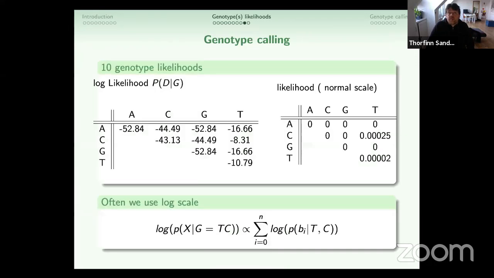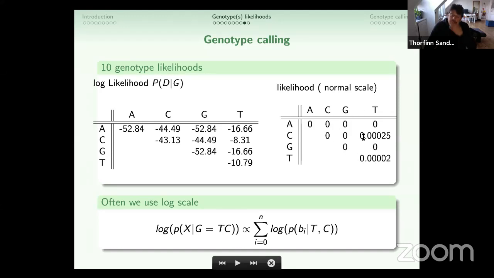Because if you get more and more data, you get higher and higher coverage, then these probabilities get smaller and smaller. So here on the left side, we are seeing the log likelihood of the genotype likelihoods. On the right side, we are just normalizing them, so they're not on the log scale anymore.